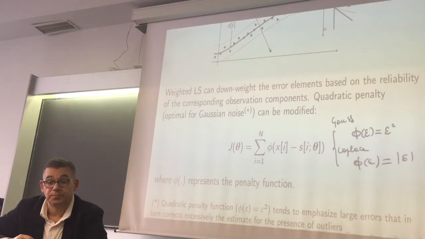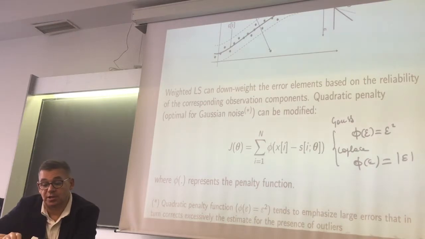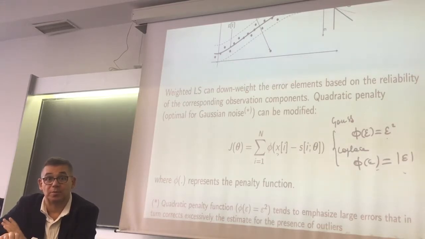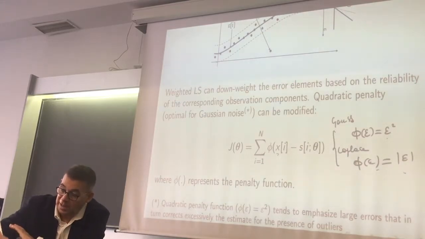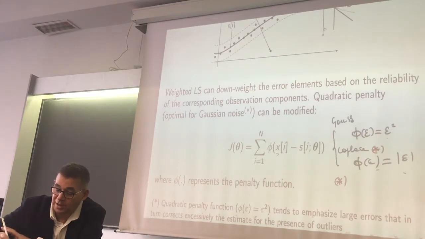Now, if it is Gaussian, I'm very happy, because with epsilon squared I know everything. If it is the absolute value, then it's trouble to optimize. If I assume a Laplace distribution, as for the outliers, that is complex to optimize.